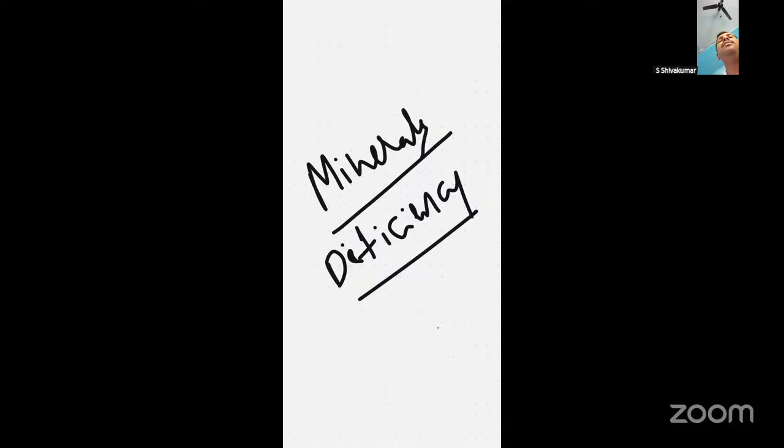Prevention of health consequences of nutrient deficiency: food sources for preventing iron deficiency anemia are given below.